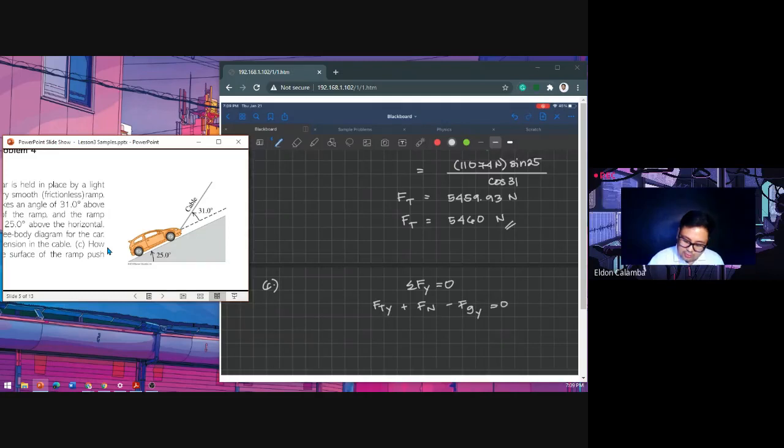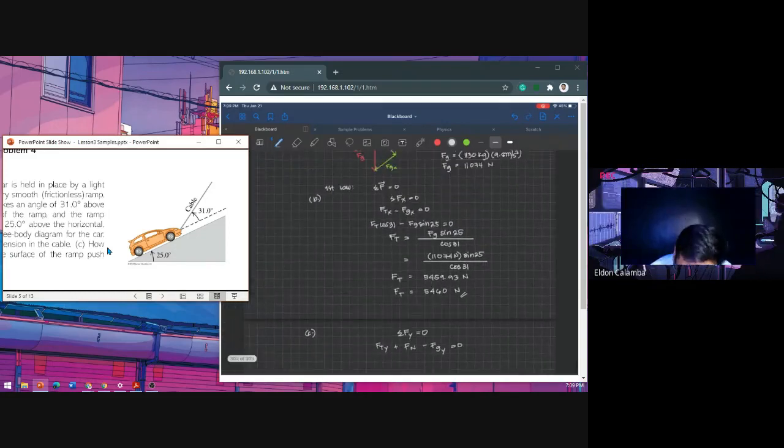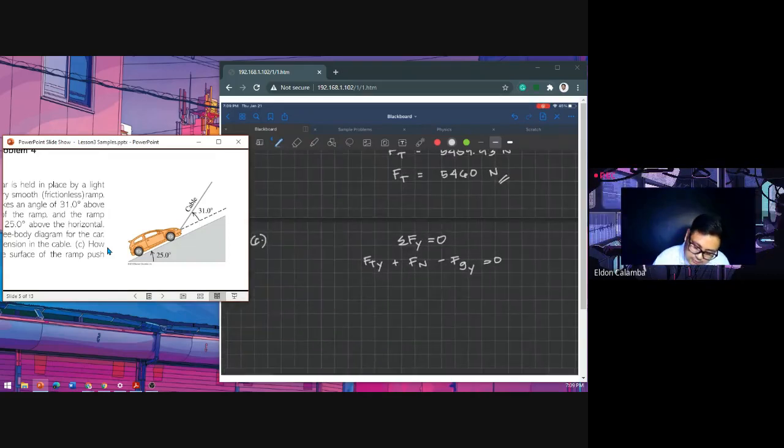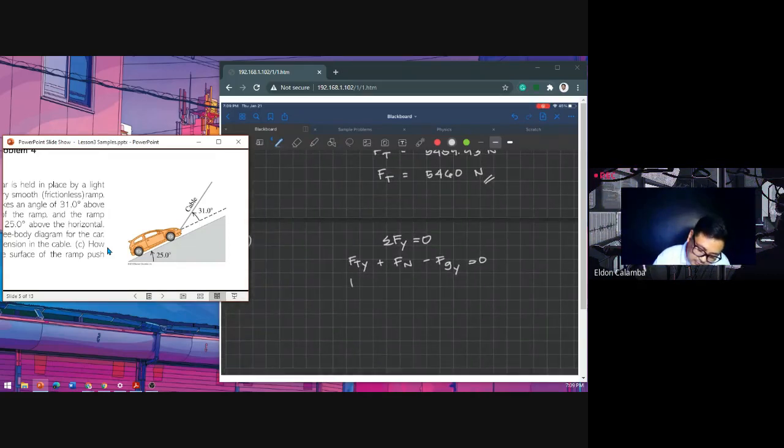equal to 0. So, FTY ko, this is FT sin 31 plus Fn minus Fg cos 25 equal to 0.